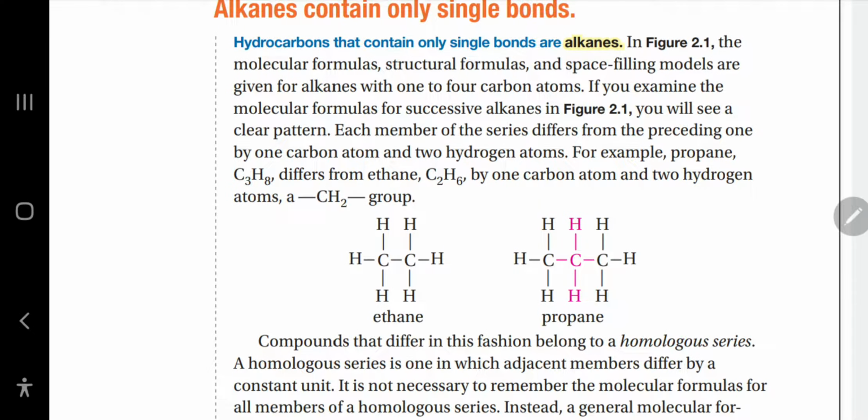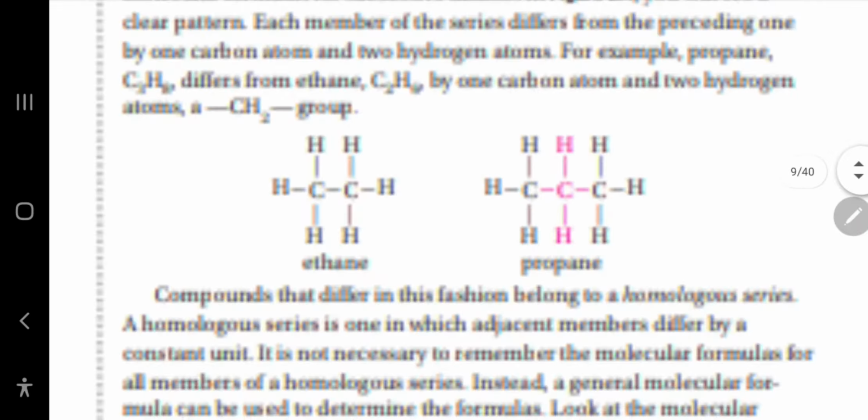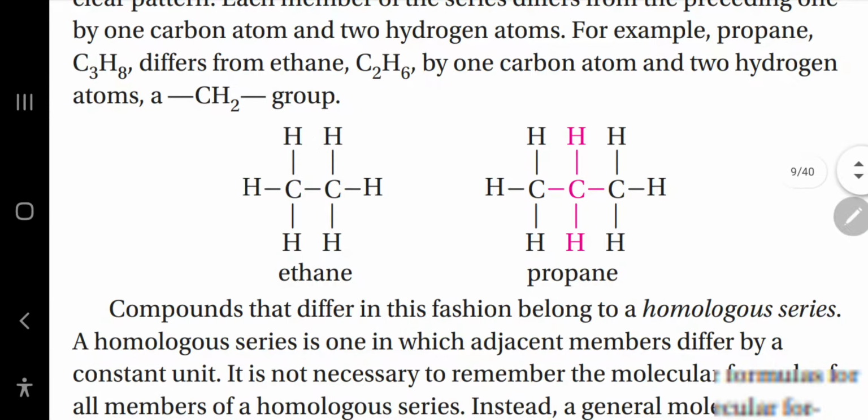For example, as you can see here, we could have this compound, which is made of 2 carbon atoms with 6 hydrogen atoms, and all the bonds here are single bonds. So here we have ethane.